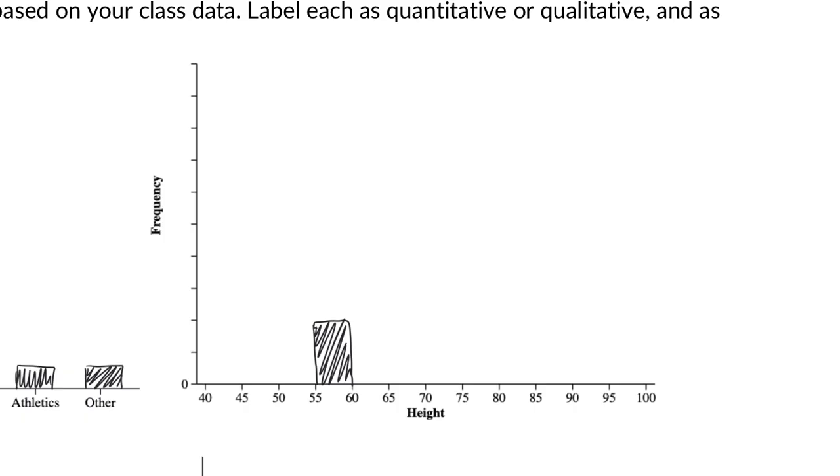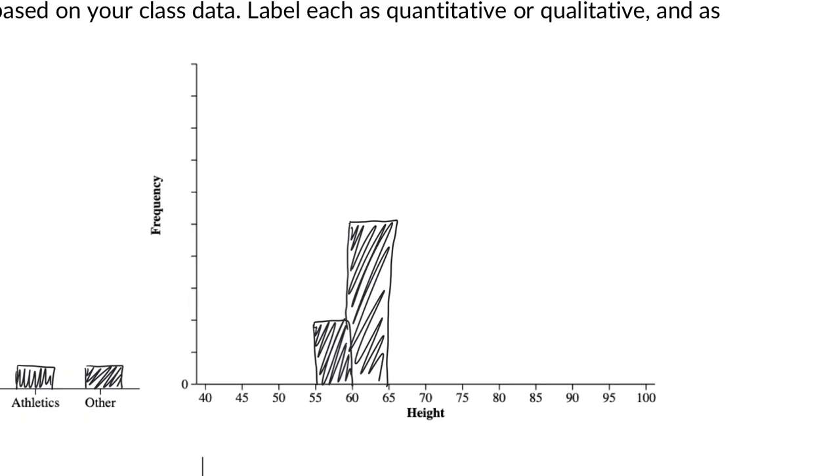Now, our next little bucket here, between 60 and 65, including 60 but not including 65, how many people's height would be there? 1, 2, 3, 4, 5. Correct, 5. So we will now have 5 people, 1, 2, 3, 4, 5, in this section.